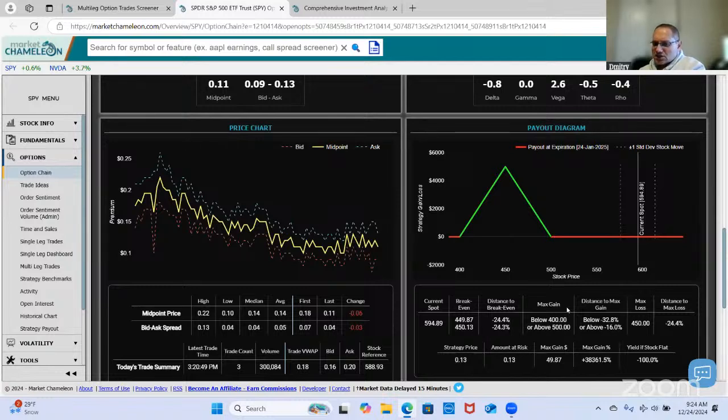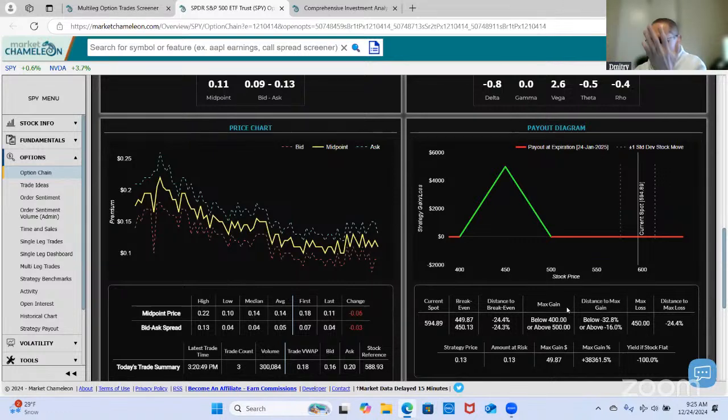How did this spread look throughout the day? Does it sit there at 18 cents? Or does it move around? Because maybe you're not looking to make that whole 38,000%. But if it goes down and the spread moves around, from 13 cents to 20 cents, that's still a significant percentage difference, right?